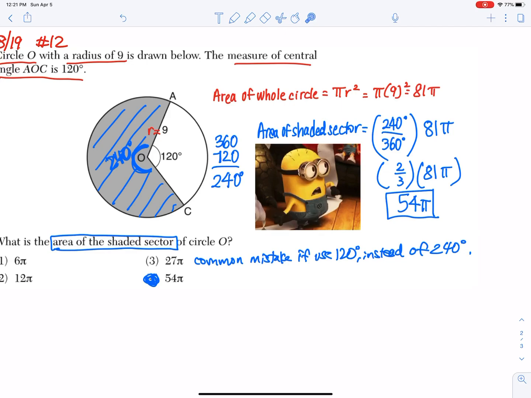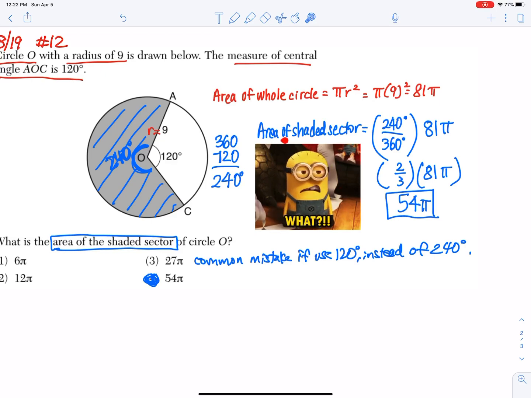Now, to figure out the measure of degrees in the central angle of the shaded part, I would have to do 360, the total circle, minus the unshaded 120 degrees, and that gives me 240 as my shaded degrees. So that's a trick part to this question. You've got to be careful.